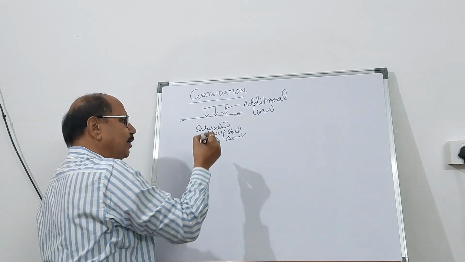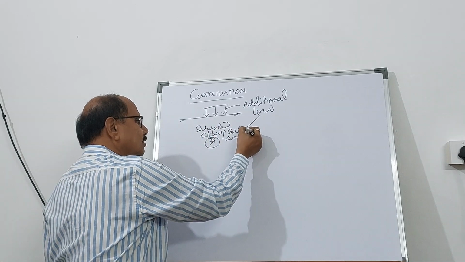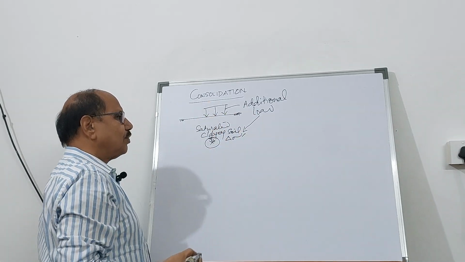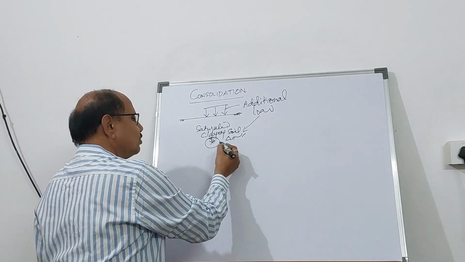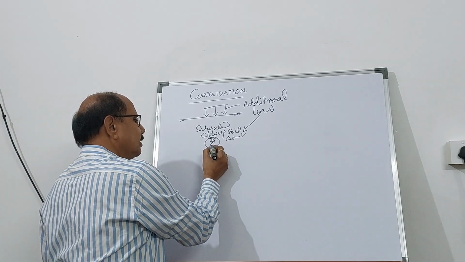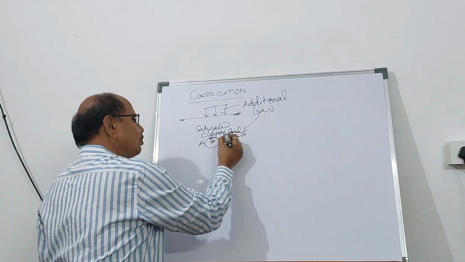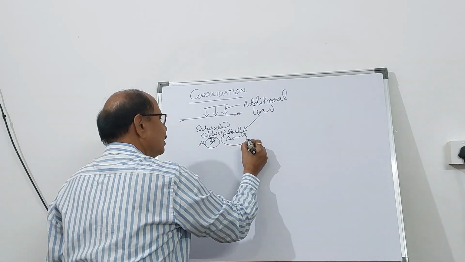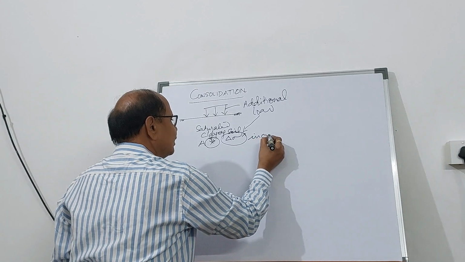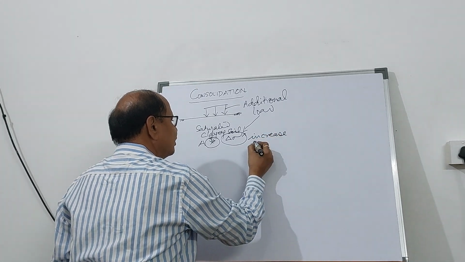So due to the additional loading from the footing, at any point, say you consider this point as A, there is going to be an increase in stress. So this is called the increase in effective stress.